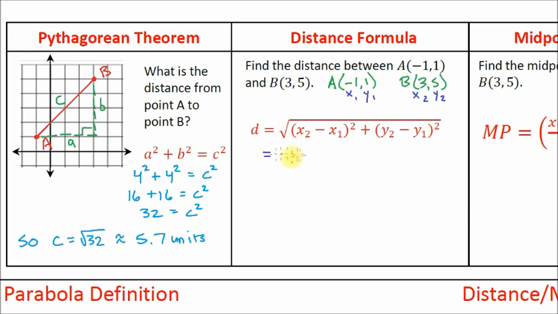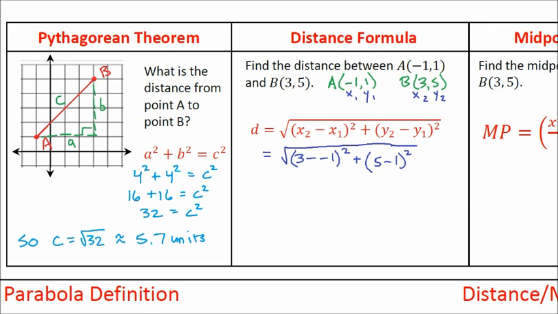Let's do that now. So the distance between point A and point B is the square root of x sub 2, which is 3, minus x sub 1, which is -1, squared, plus y sub 2, which is 5, minus y sub 1, squared.